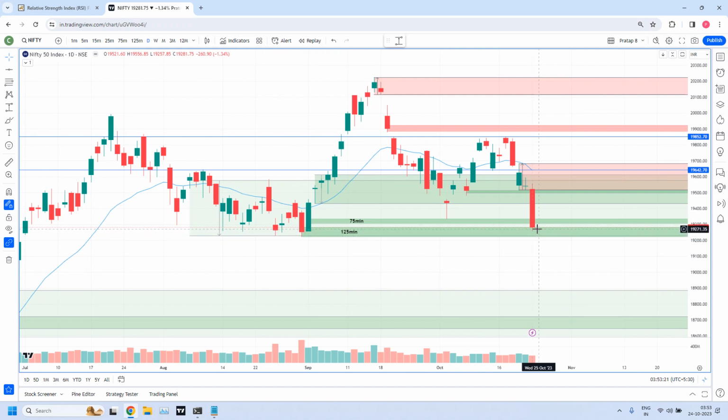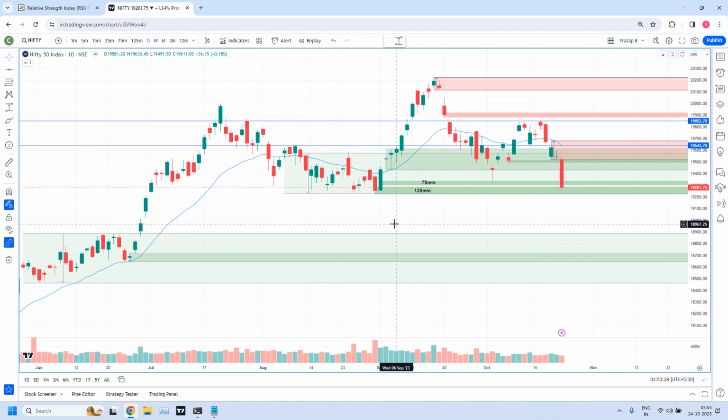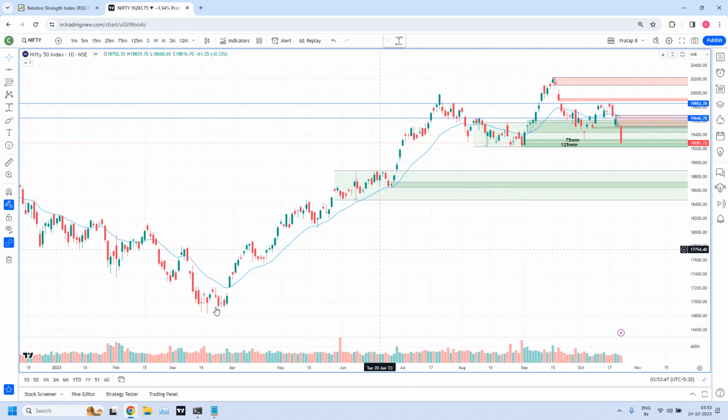If tomorrow the prices go below this weekly zone, our weekly zone will be completely violated. In recent times, we haven't seen any violation of the weekly demand zone, from March onwards.